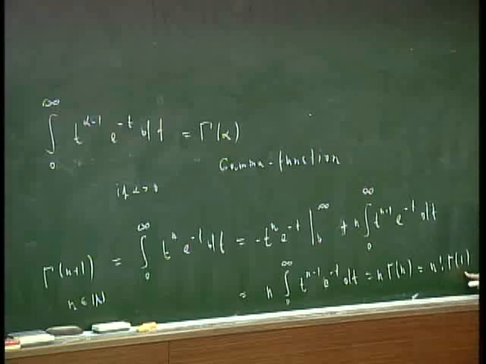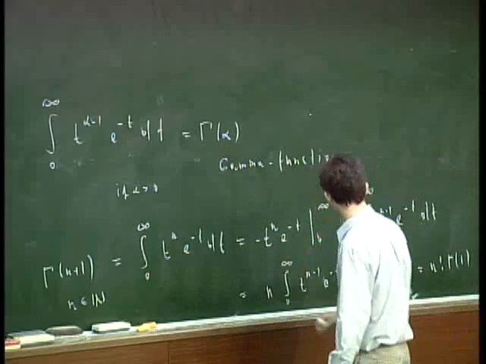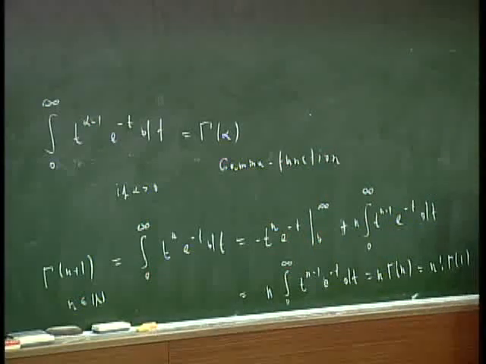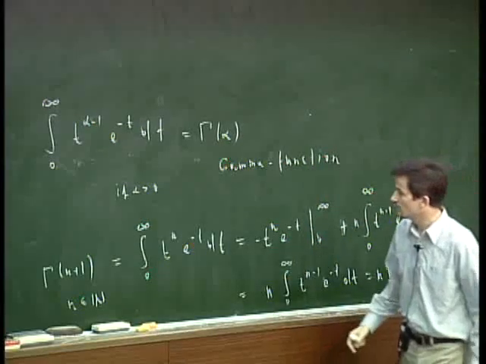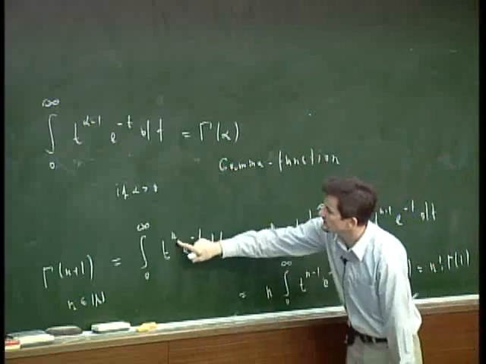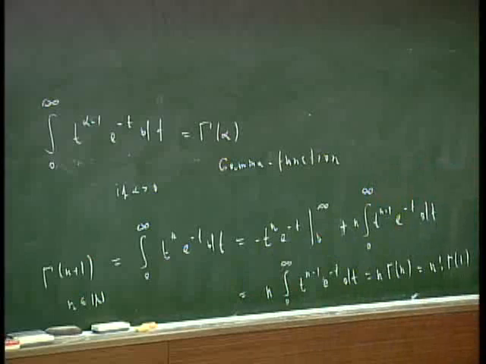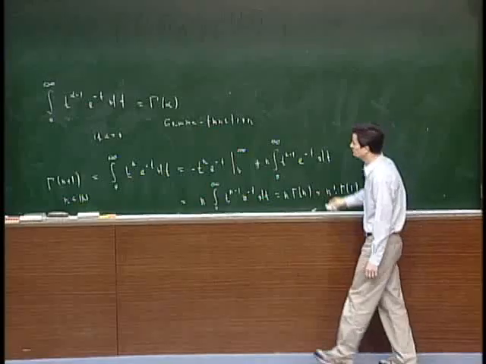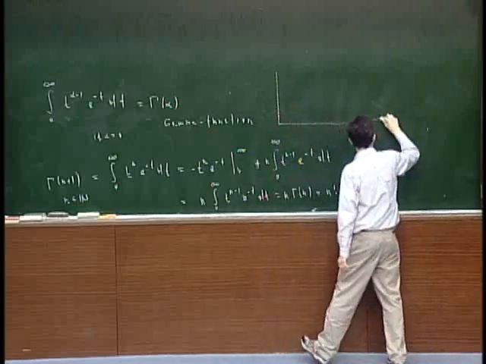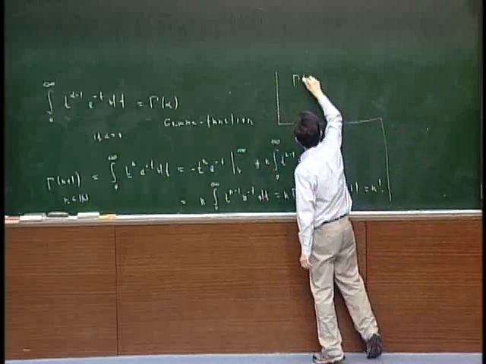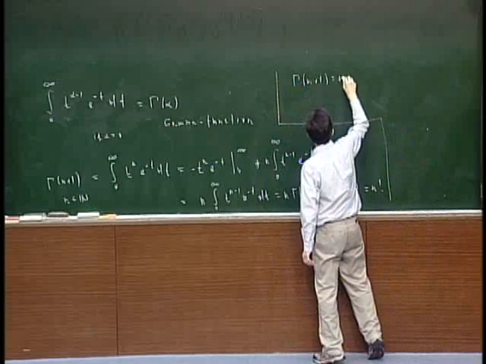Gamma 0 is not defined, so this is gamma 1. But if you look at the case n equal to 1, today we computed it, this case gives 1, so what you get is n factorial.